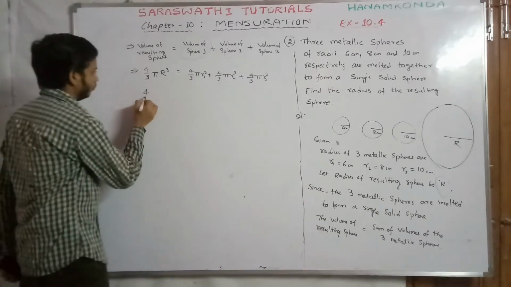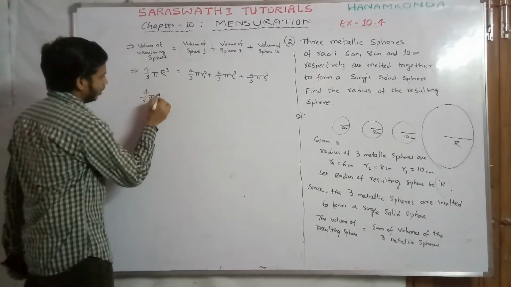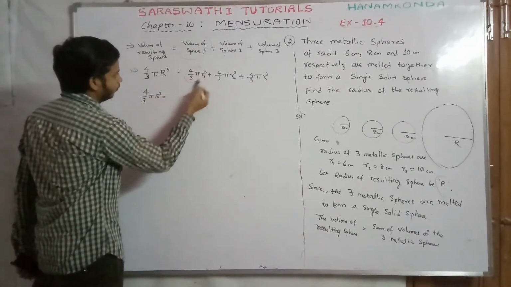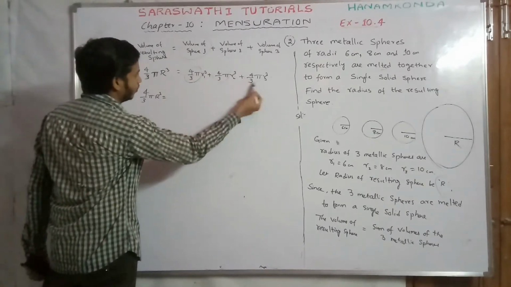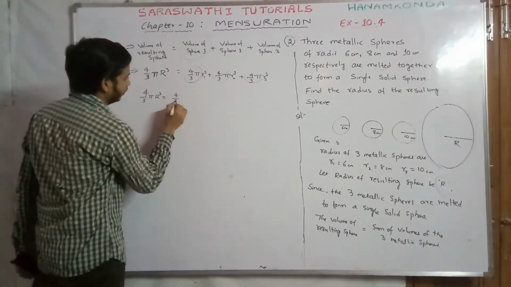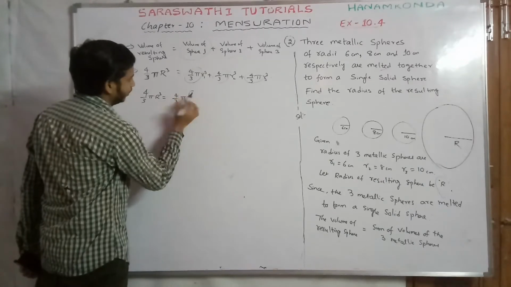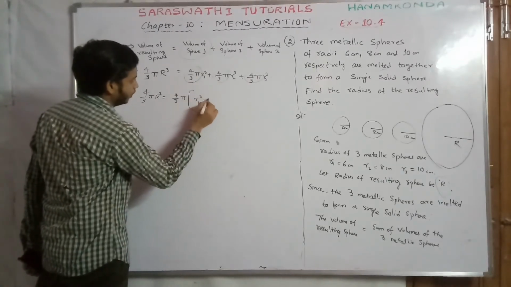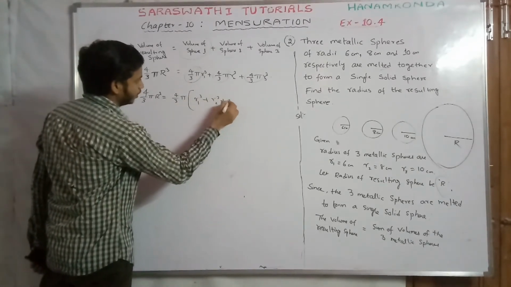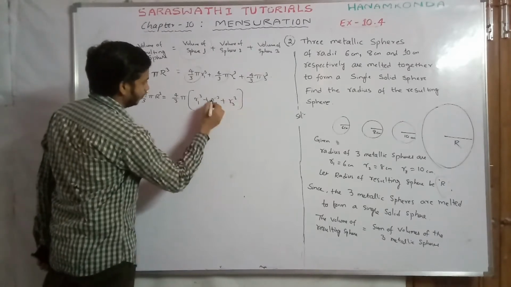Now we can take 4 by 3 pi as common in the 3 terms, and r1 cube plus r2 cube plus r3 cube remains.